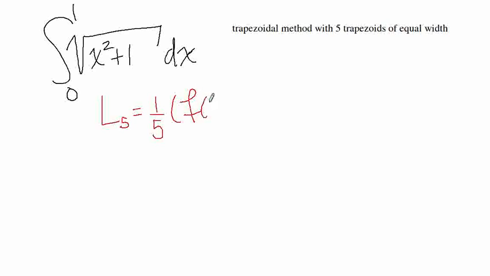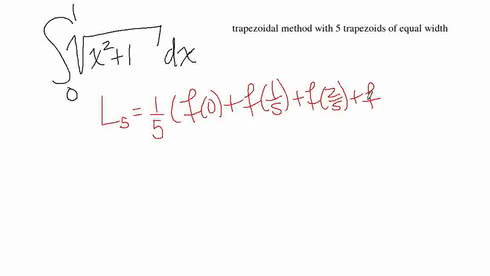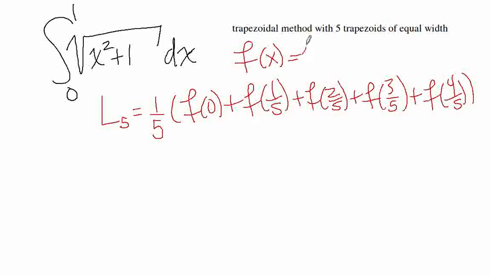So I would sum f of 0, f of 1/5, f of 2/5, f of 3/5, and f of 4/5, where I'm defining f of x to equal the square root of x squared plus 1.